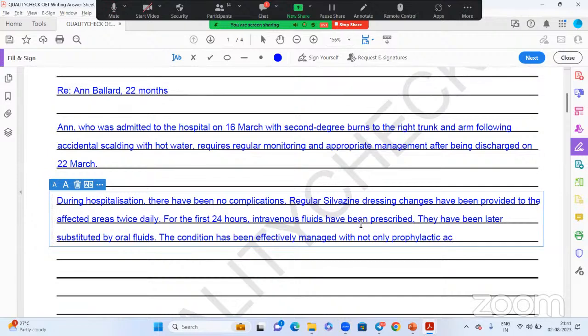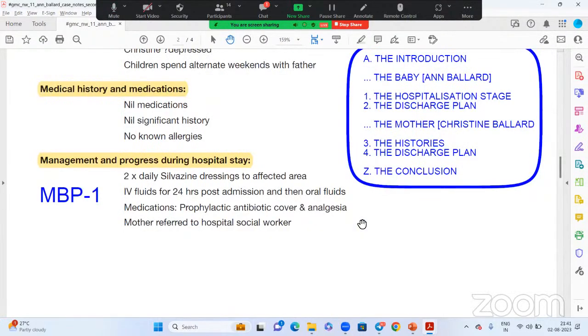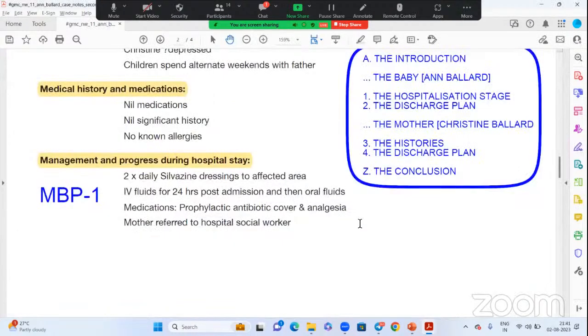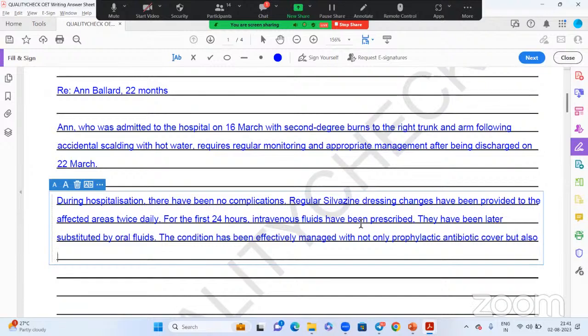The condition has been effectively managed with not only prophylactic antibiotic cover, but also analgesia or analgesics. Full stop. So I'm giving you different styles of sentence.